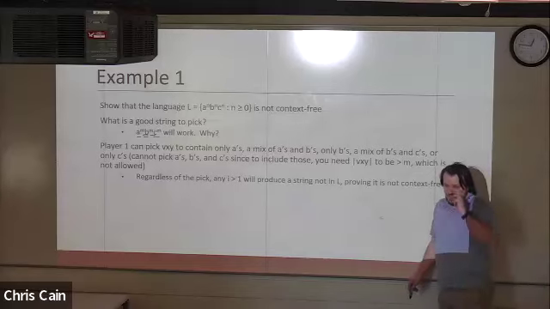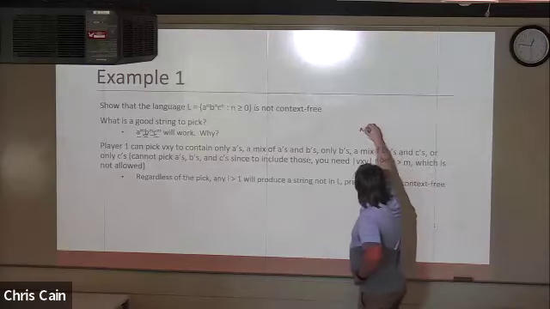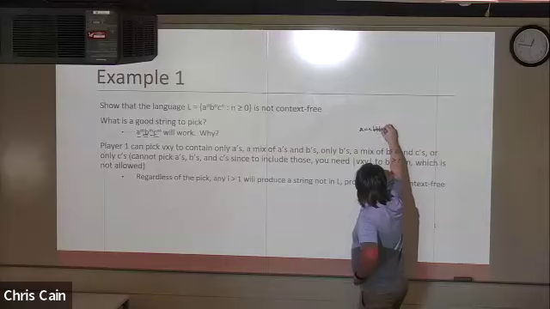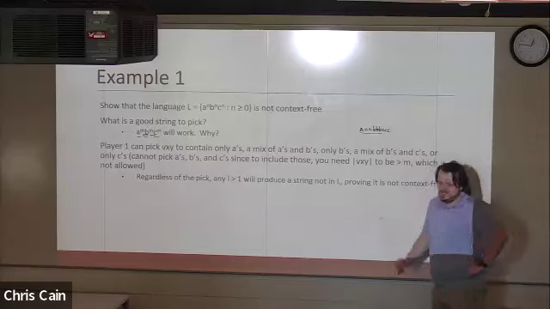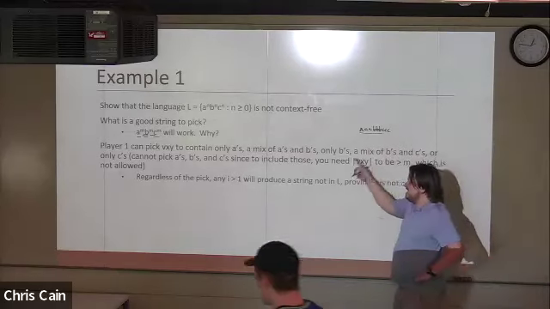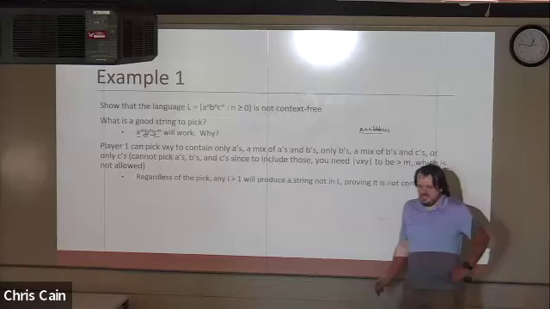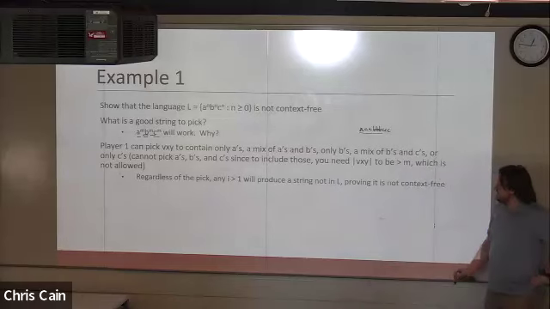The other thing you could do is show, this one's a little bit harder, but if we had some number of A's, some number of B's, and some number of C's, and you wanted to repeat over something in the A's and B's, that would be breaking the need for all A's to come first, then all B's, then all C's.